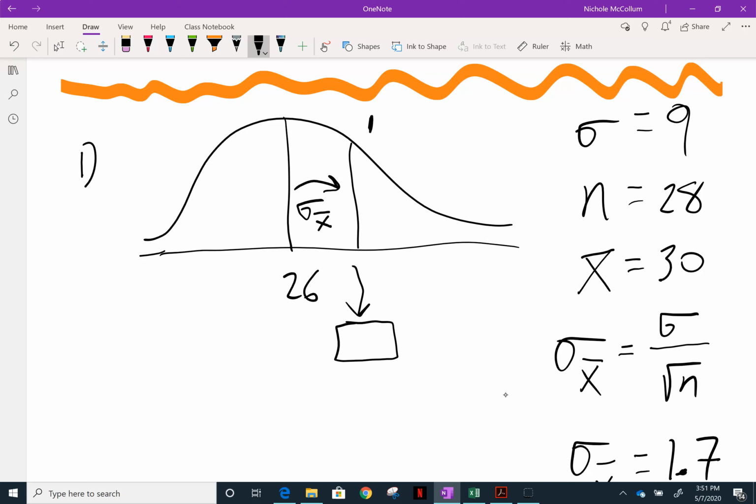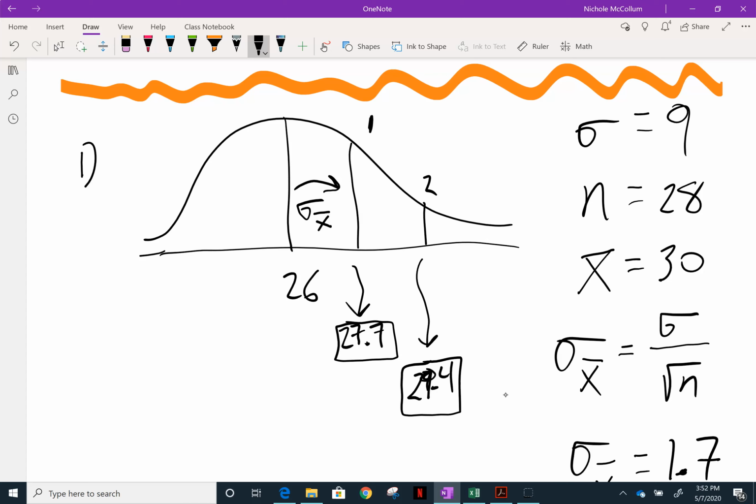If 26 is the center, if I add 1.7, that would be 27.7. If I add another 1.7, where would we be? That would be 29.4, if I've done my algebra correctly.